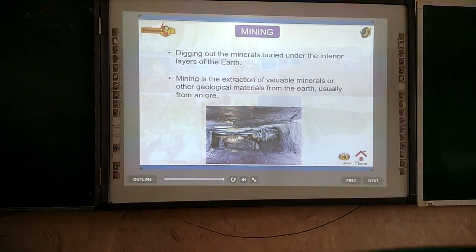Mining is the digging out of the minerals buried under the interior layers of the earth. Mining is the extraction of valuable minerals or other geological materials from the earth, usually from an ore.